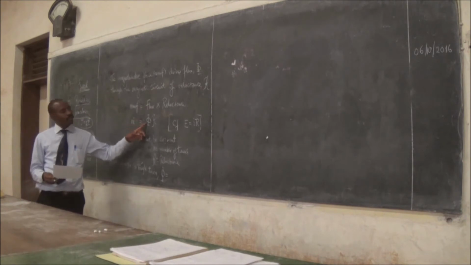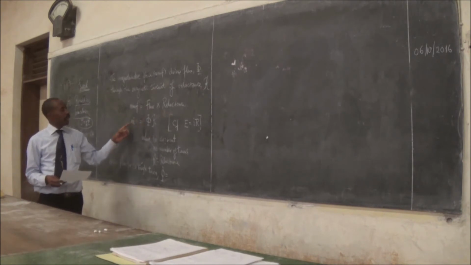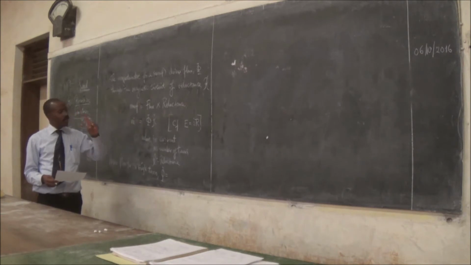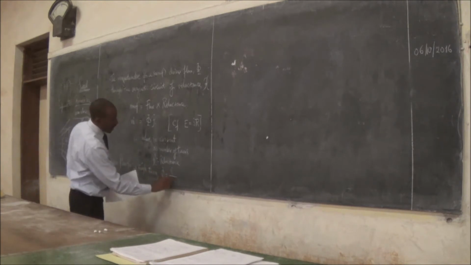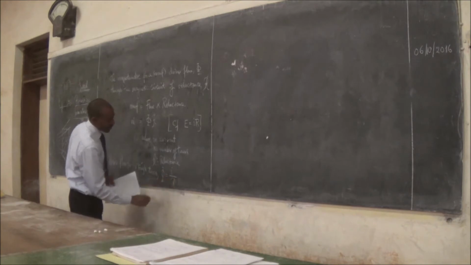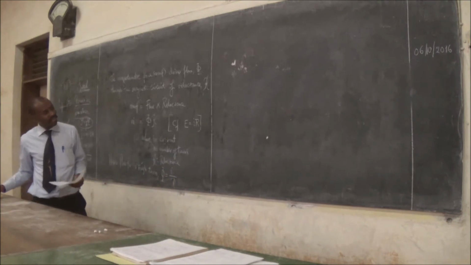From here we would have phi is equal to NI over R. If we have only one turn, what would happen? It would be I over script R, over reluctance.